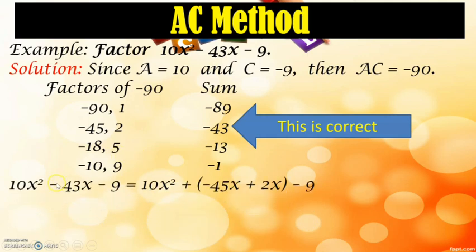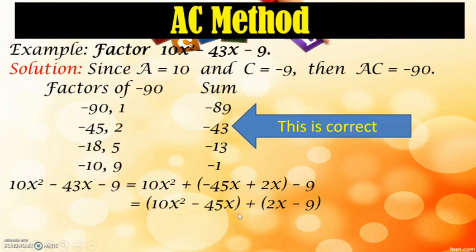So we now have 10x squared minus 43x minus 9 equal to 10x squared, substitute the value of negative 43x using these factors, negative 45x plus 2x minus 9. Removing the parentheses, we now have 10x squared minus 45x plus 2x minus 9.